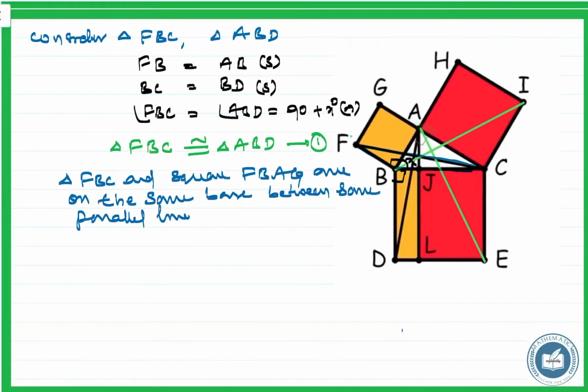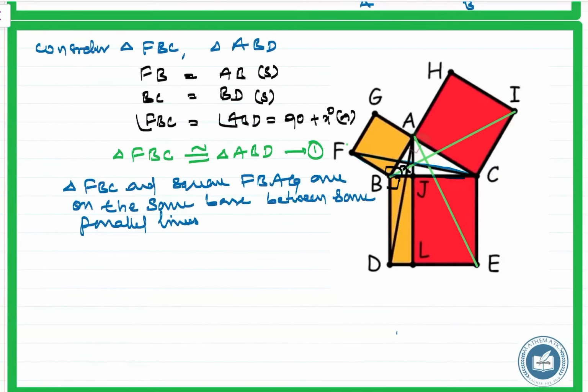Whenever these are between the same parallel lines, we know, as I already told previously, that if a rectangle or a square, whatever it may be, a parallelogram, is on the same base between the same parallel lines, the area of the triangle is half of the area of the parallelogram. Here the square is also a parallelogram.